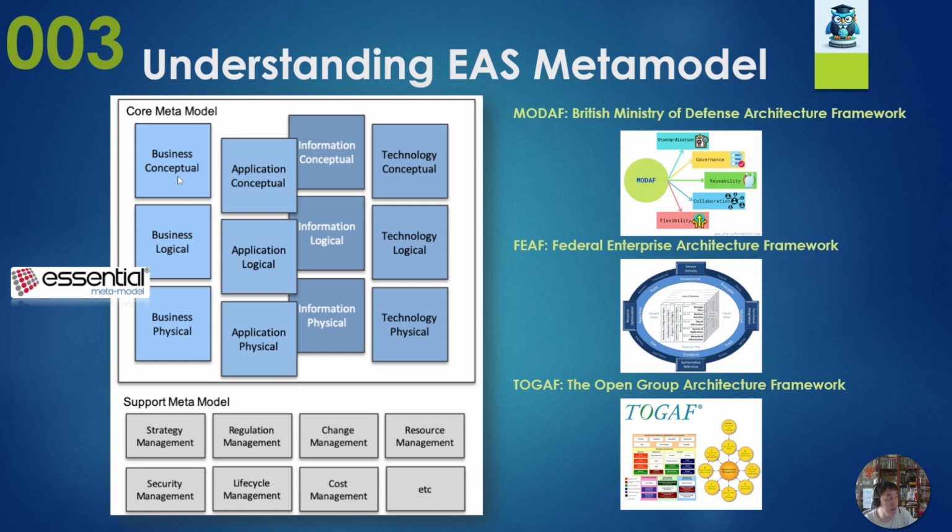Capability is within our business conceptual, and through these chains we can easily understand the impact of one of these projects within the change management supporting meta model, and their linkage to the impacted business capability. So that is powerful for making one common repository. Or we see from the last video the picture, I hope you still remember, the common meta model.